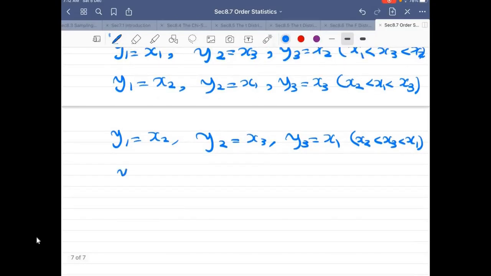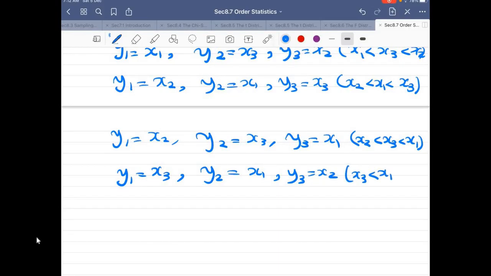I can have y1 to be x3, y2 could be x1, and y3 could be x2. So in this case x3 is the smallest, second largest is x1, and the third largest is x2.